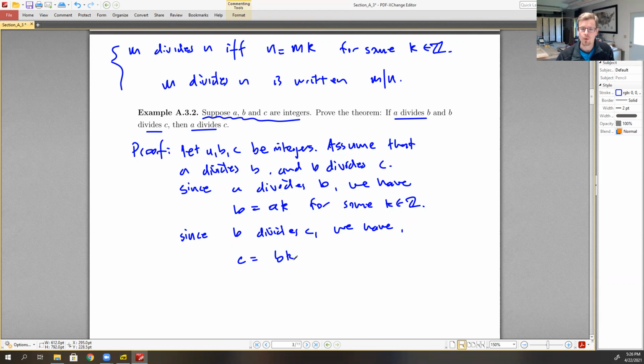We don't know. So C is a multiple of B. I don't want to use the same letter. I want to use a different one, so I'm going to use L. C is a multiple of B for some integer L.